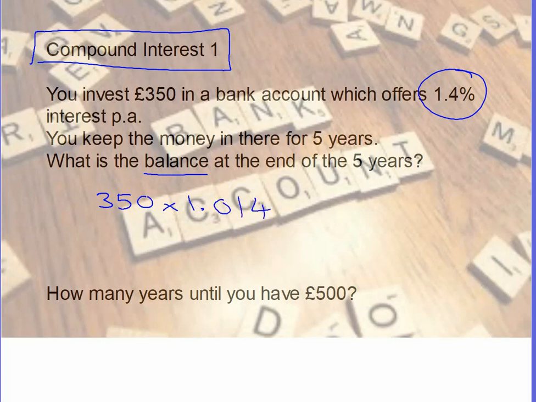That's going to increase it by 1.4%, and then the next year, I would do the same, and the next year, and I'd have to do that 5 times. So you can see the same number is being repeated 5 times. What we can do is say 350 times 1.014 to the power of 5, rather than typing in every time.